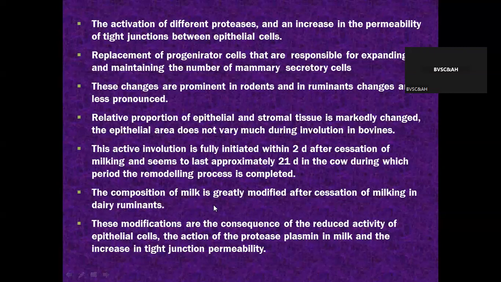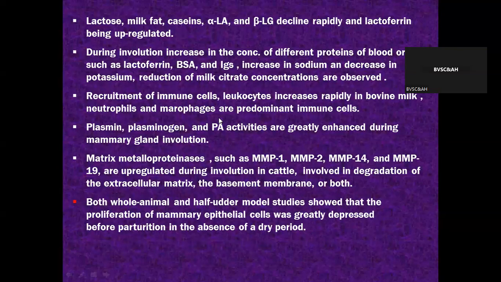The composition of milk is greatly modified after cessation of milking in dairy ruminants. These modifications are the consequences of the reduced activity of epithelial cells, the action of the protease plasmin in the milk, and the increase in tight junction permeability. So lactose, milk fats, caseins, alpha-lactalbumin, and beta-lactoglobulin decline rapidly, and lactoferrin is upregulated.